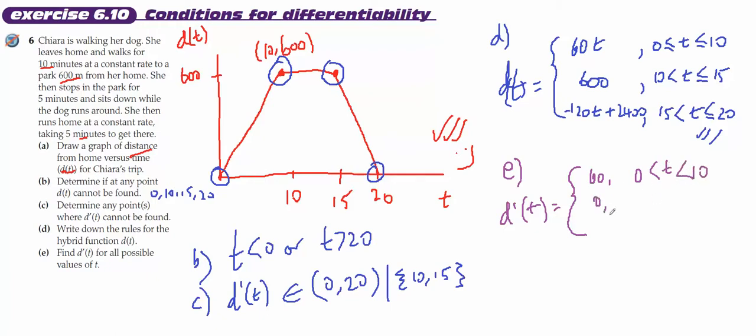And it equals 0 when it goes from 10 to 15, and negative 120 when it goes from 15 to 20, but not inclusive of any of those, because on the endpoints and on the sharp joins, the derivative doesn't exist. And that's it.